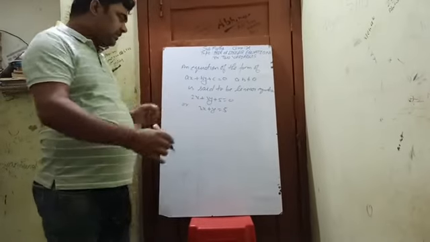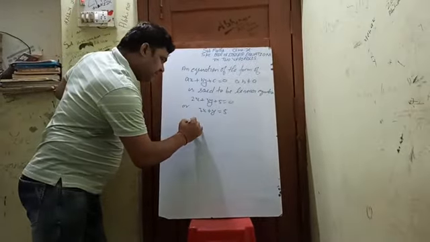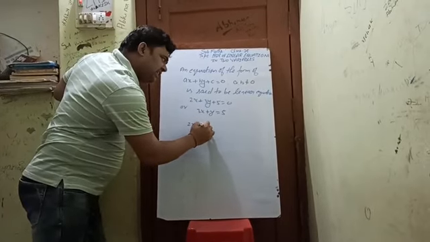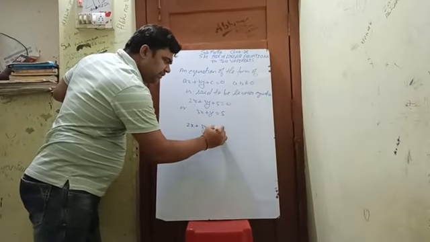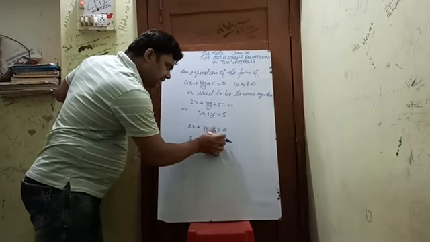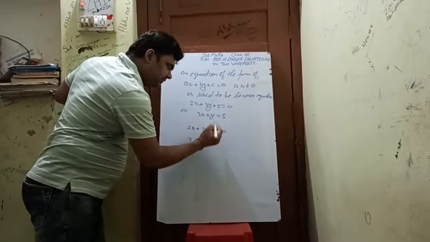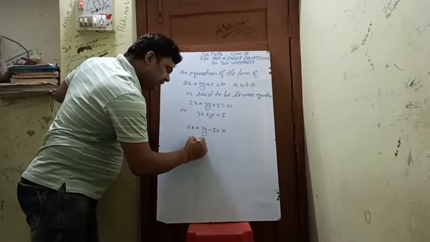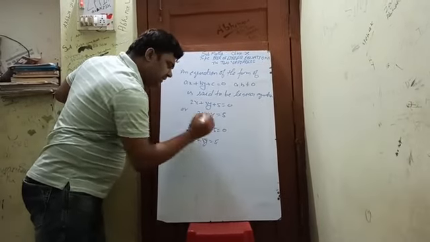Now we will see, if we are taking the example 2x plus 3y plus 5 is equal to 0, we can write it as 2x plus 3y is equal to minus 5.